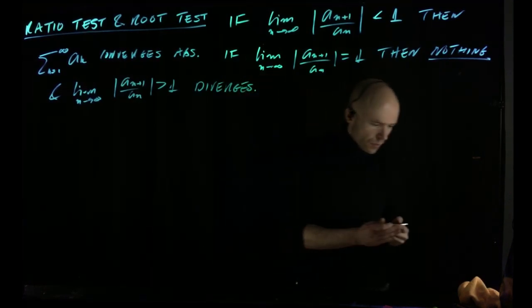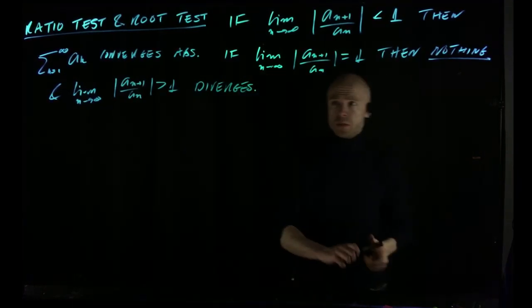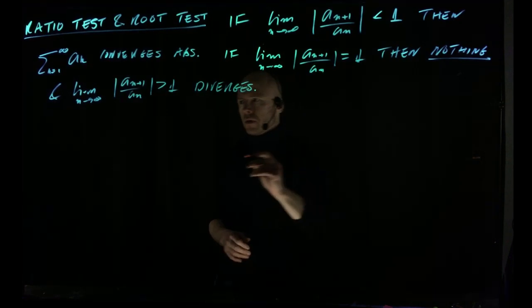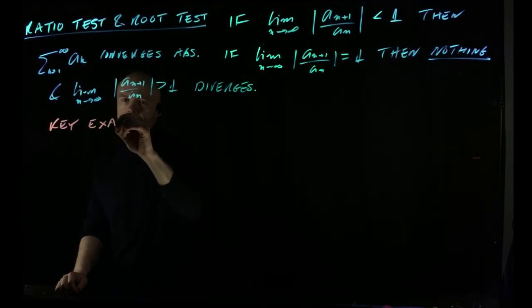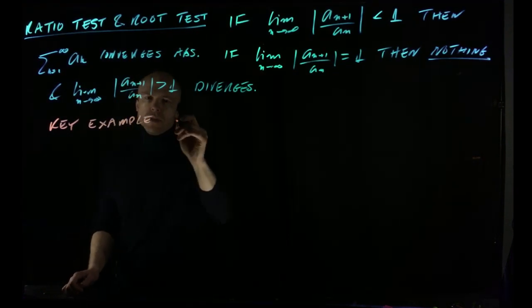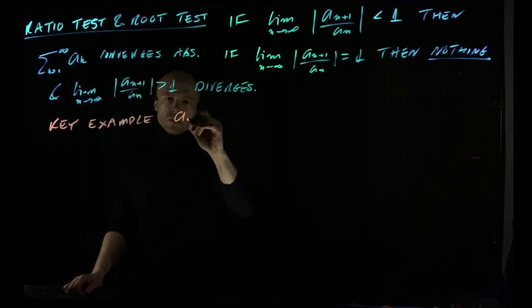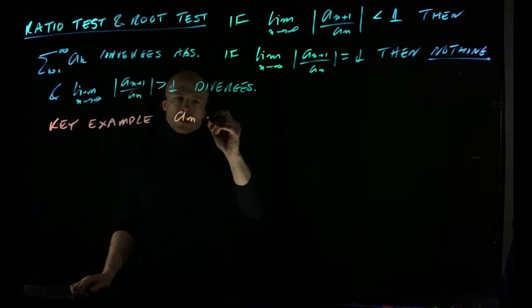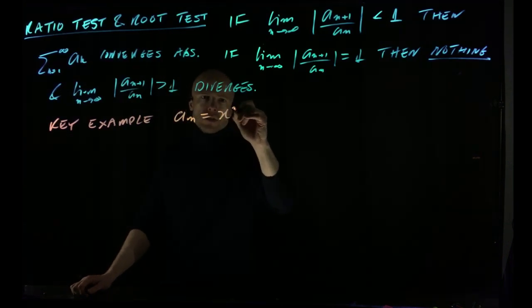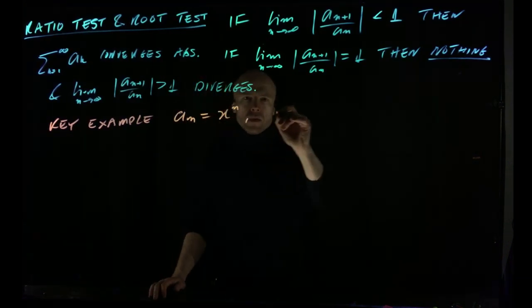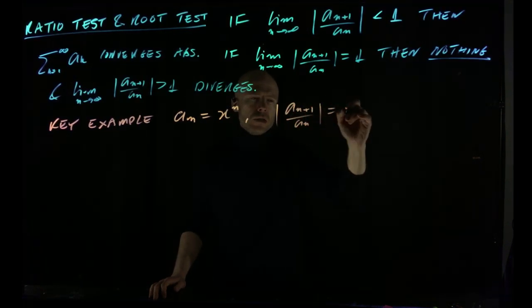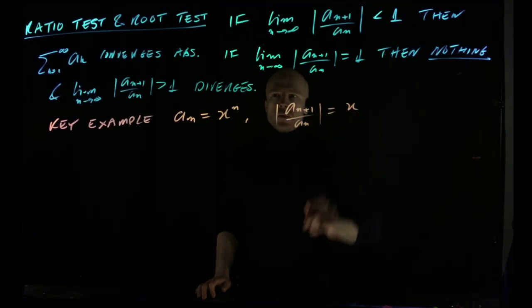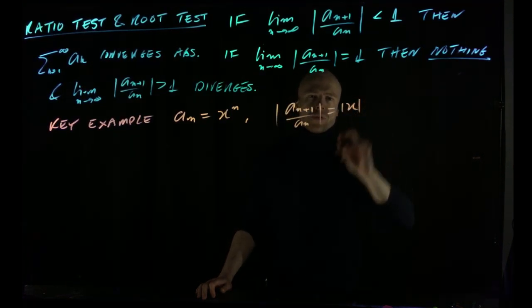So this is the key example. If we let a_n be x to the n, then a_(n+1) over a_n is just x, or mod x.